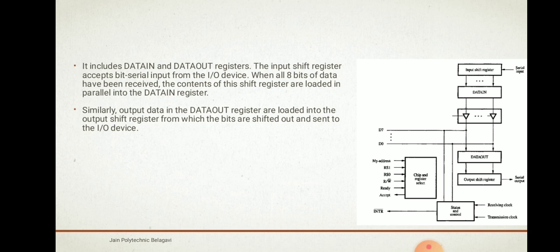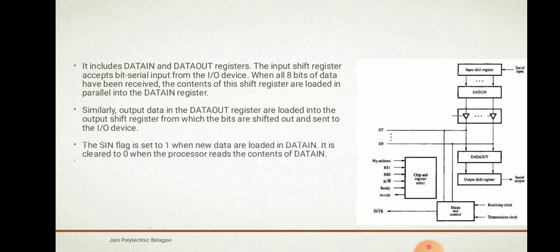Now when all 8 bits of data have been received, that is 1 byte of data, the contents of the shift register are loaded parallelly into the data in register. Similarly, the output data of the data out register are loaded into the output shift register, from which the bits are shifted out and sent to the output device. So this is how input-output transfer takes place in serial ports.